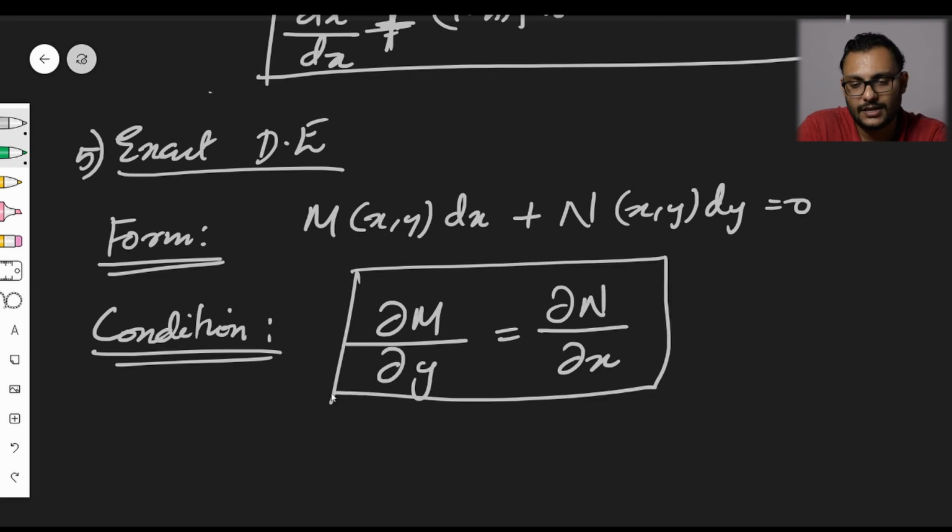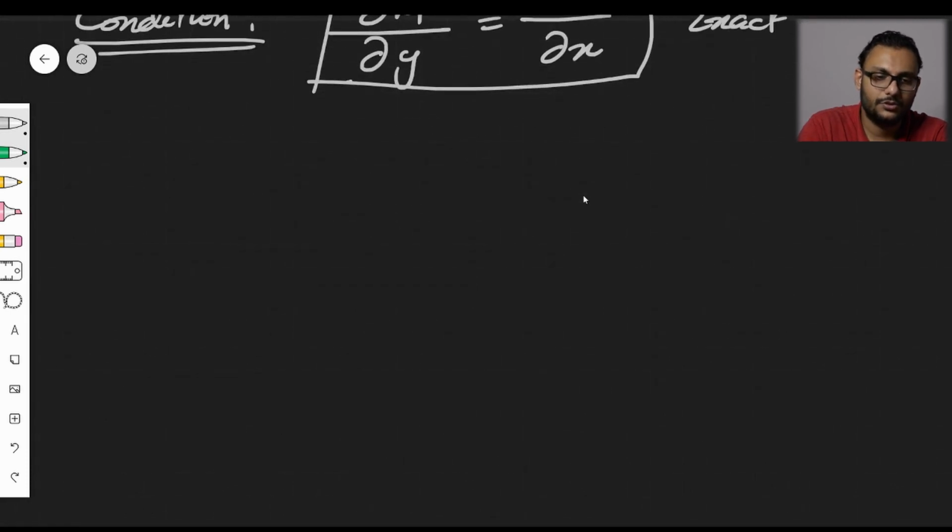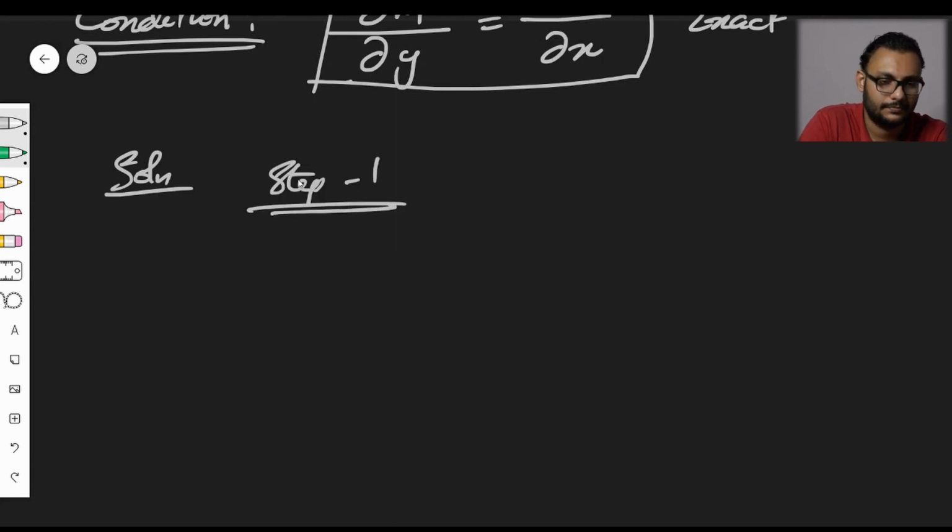If this is satisfied, then this equation can be called an exact differential equation. Now for the solution, we can find the solution. Step number 1.